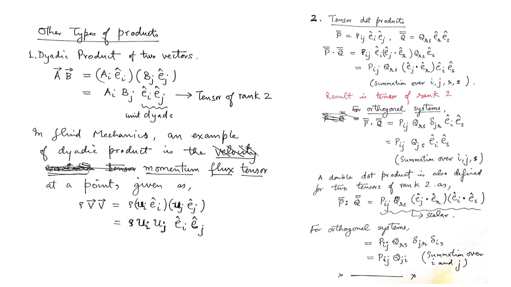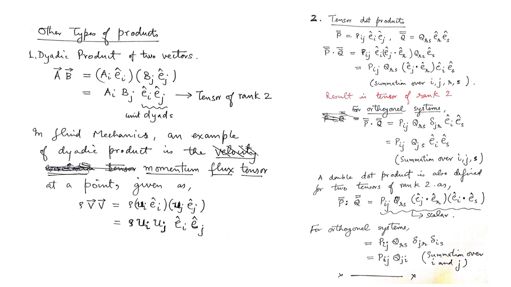When you just write two vectors neighboring each other, you are basically writing a dyadic product, which is written as Ai ei and Bj ej, and then Ai Bj written together and the unit dyad ei cap ej cap written together. If you take two vectors and do a dyadic product, the result is a tensor of rank 2.